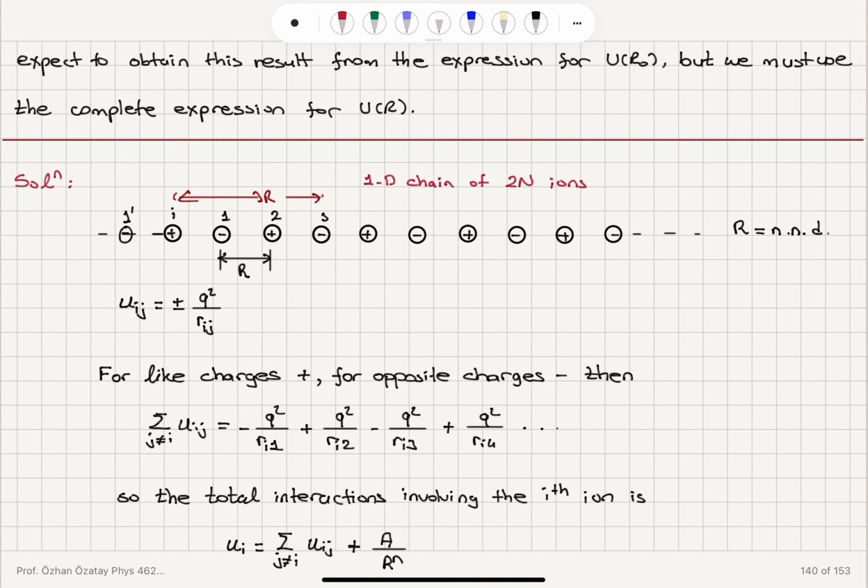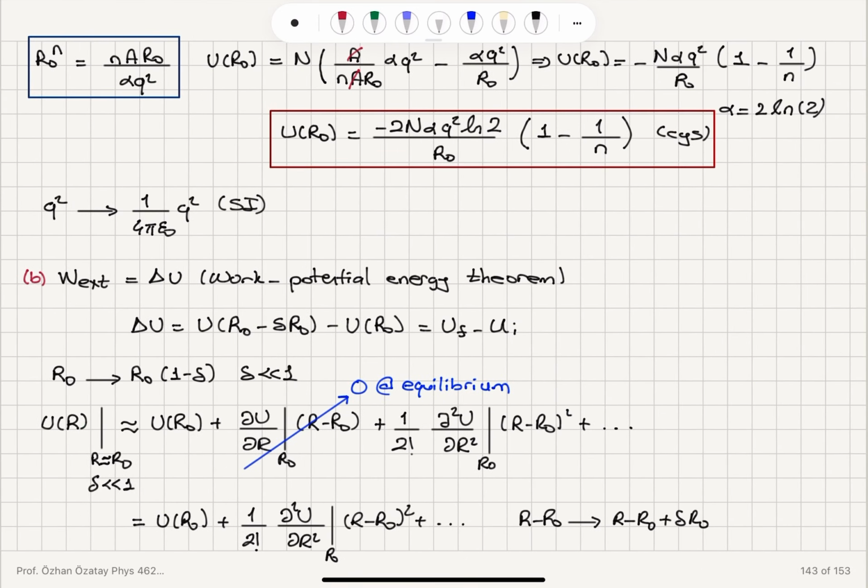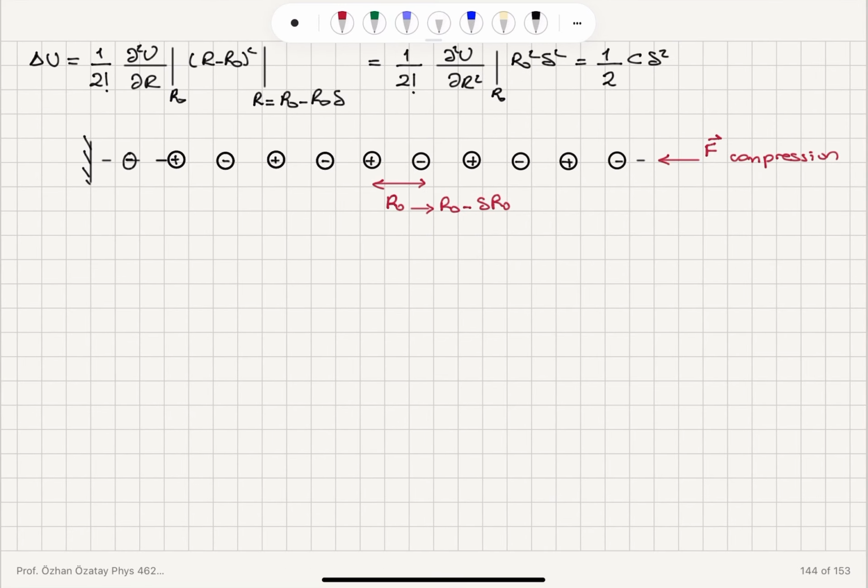Okay, so we have found c. If we write it this way, 1 over 2c delta square, the delta squares will cancel here, and we will find that c is equal to 1 over 2 times the second derivative of the potential, del square u del r square, evaluated at the equilibrium separation r0, multiplied with r0 square.